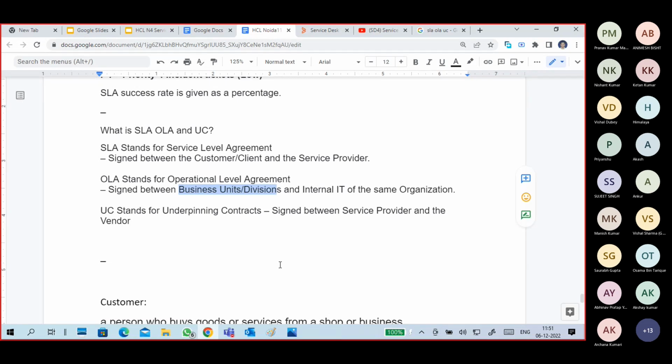So they will agree on a certain time. This is the time limit, this is the resource requirement, and this part will be completed by this time. Like this, they will agree. Okay, so that is an OLA. OLA is inside an organization only, not between organization and customer. It is within the organization only.